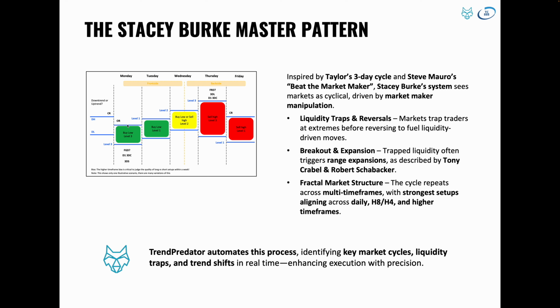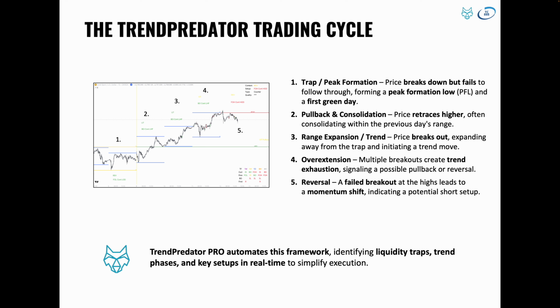Then, if you look for the range expansions and so on. So we are always looking for liquidity traps for the reversals at the extremes, then breakout expansions in the other direction, another trap at the high, and then again trading back from there to the lows. So this is the overall wave, more or less, the Stacey Burke master pattern, and this is exactly what we try to follow with TrendPredator.